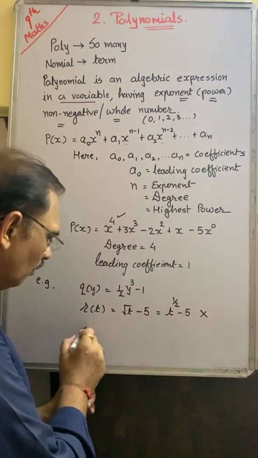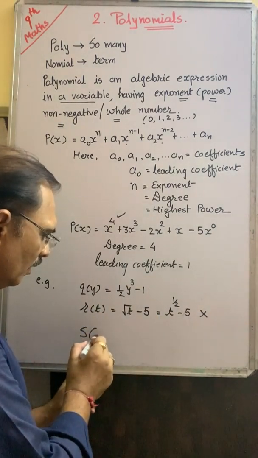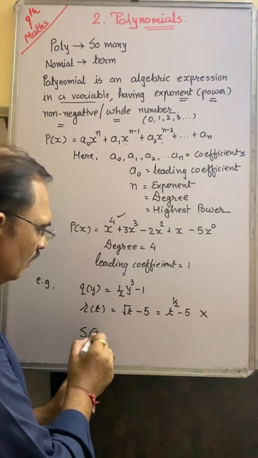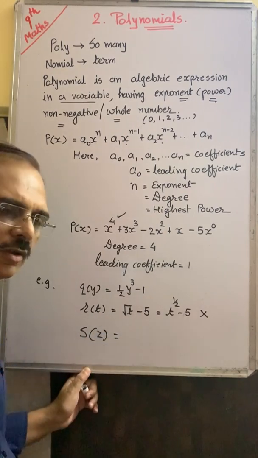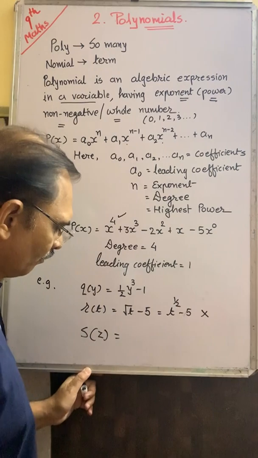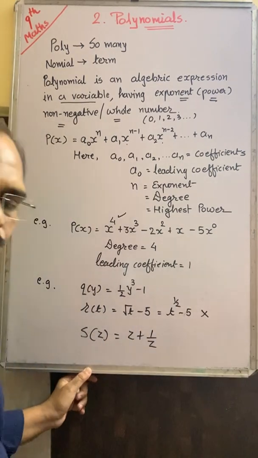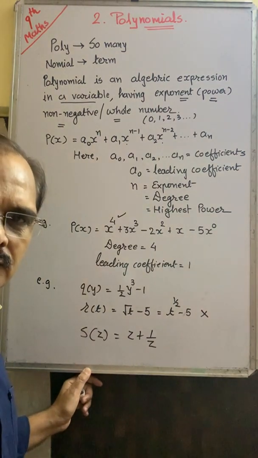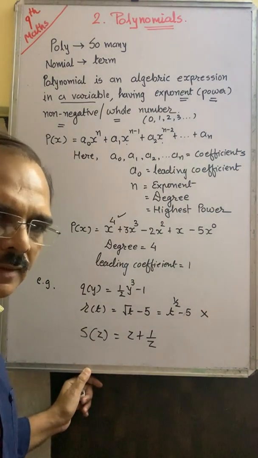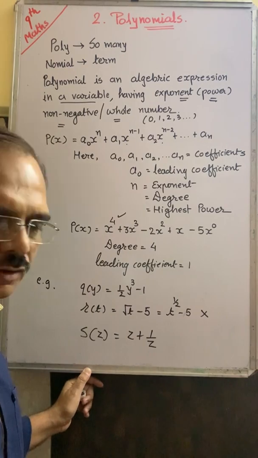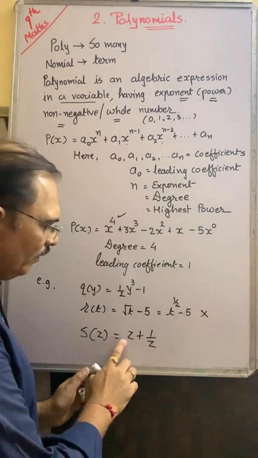One homework, suppose s of z, polynomial over z, z plus 1 upon z, whether it is a polynomial or not. Though it is homework, I give you the answer also. See, one variable is there.